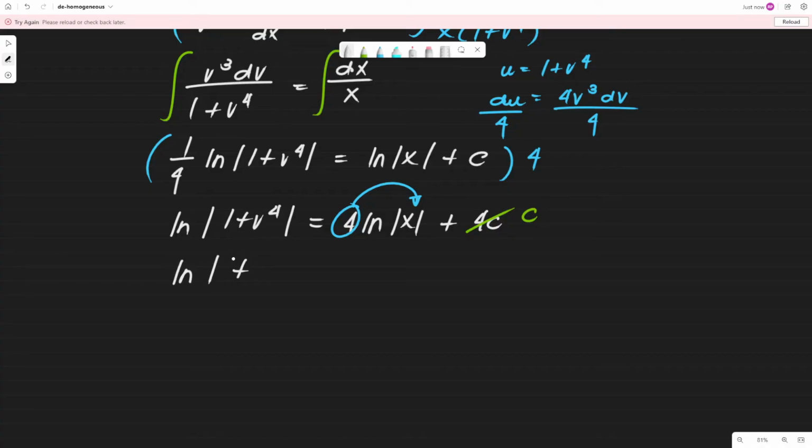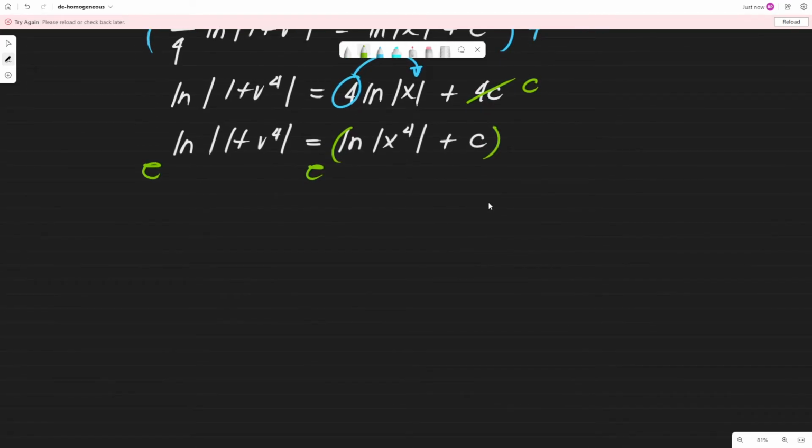So ln of 1 plus v to the fourth is equal to the natural logarithm of x to the fourth plus c. Then we can now apply the property of e to eliminate ln.